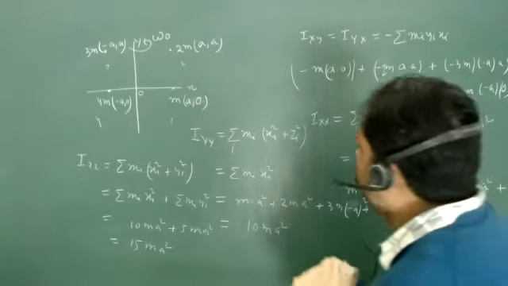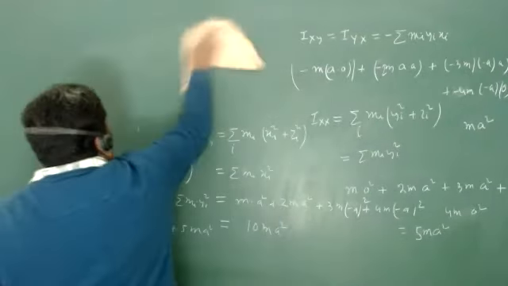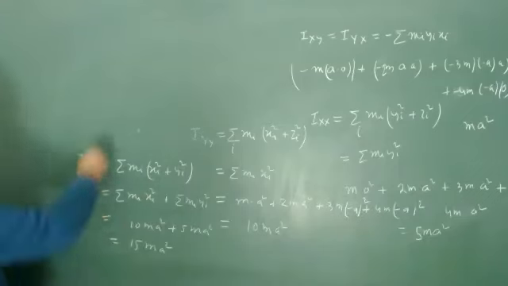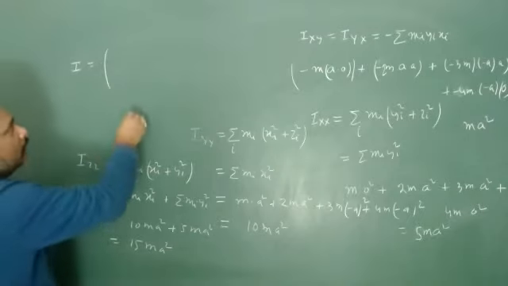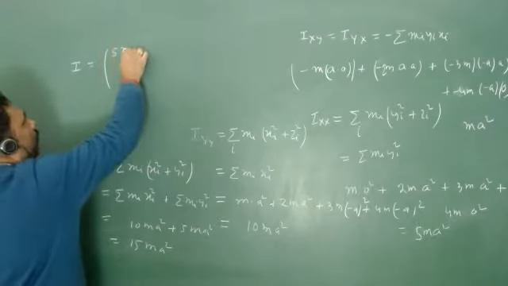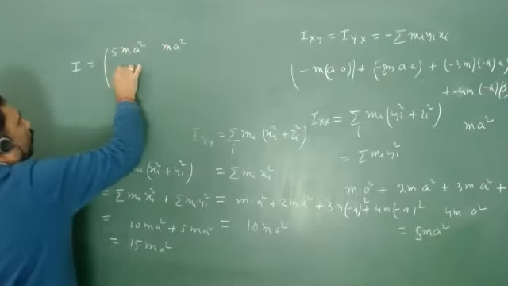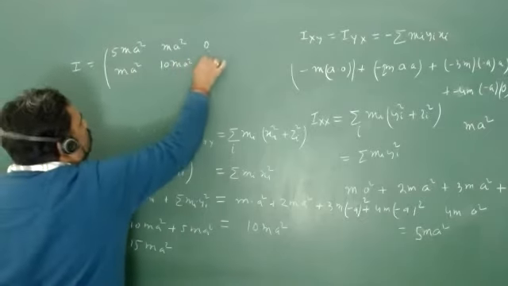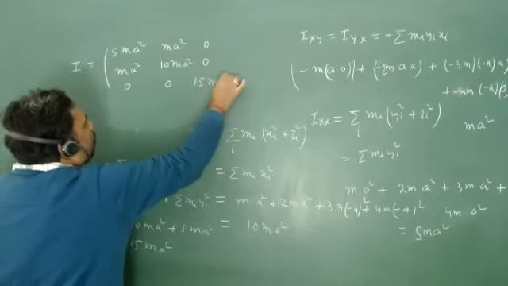So my moment of inertia tensor for this arrangement can be written as I, that value is 5 ma square, ma square, ma square, 10 ma square, 0 0 0 0, and there is 15 ma square.